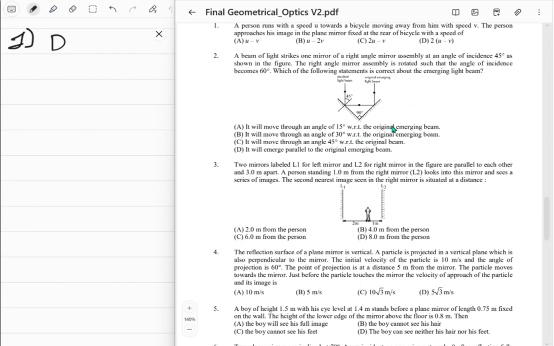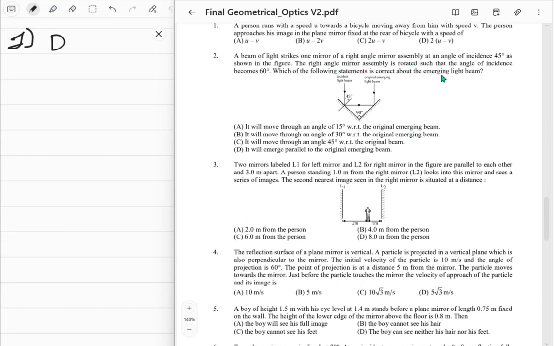You know what I mean? Instead of rotating this mirror, you could just rotate the light beam, right? Because we just care about the deviation between this and the final light beam. So rotating the mirror to make it 60 degrees, your deviation will be different, and that's what's happening.